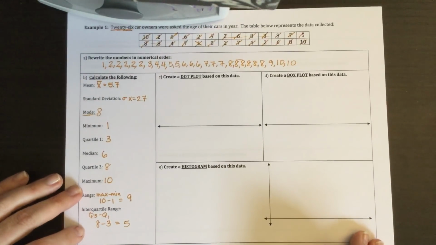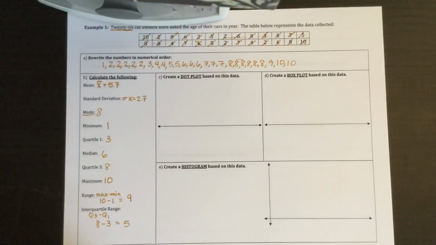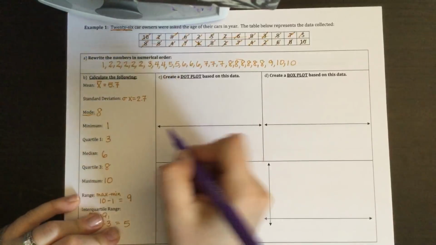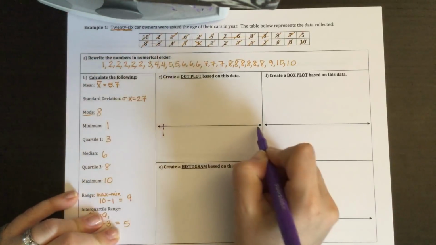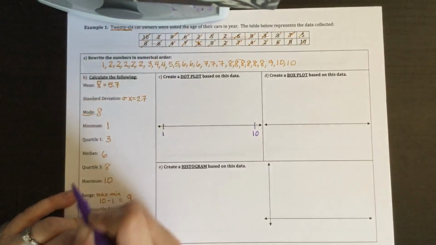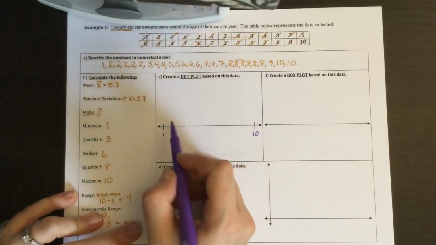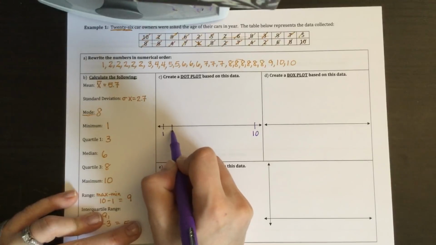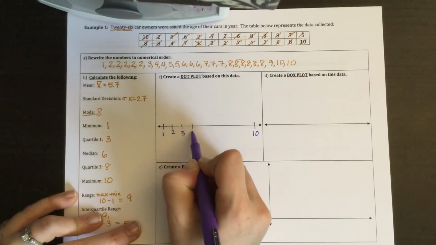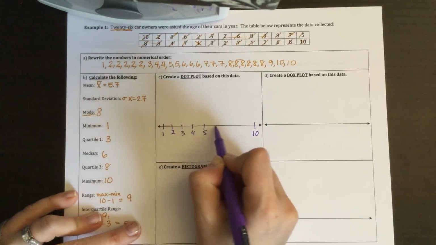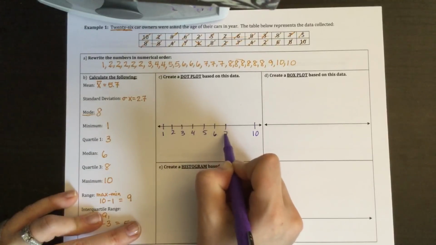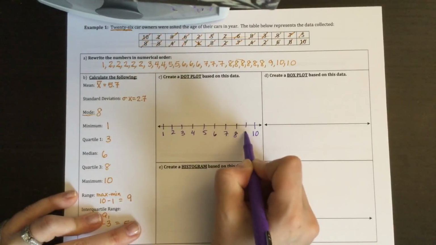All right, so now we're ready to make our different things. Okay, so first off is a dot plot. And we want to go from our minimum, which is 1, all the way to our maximum, which is 10. Okay, and now we've got every single number listed here, so I'm going to make a mark for each one. So there's 2, 3, 4, 5, 6, 7, 8, and 9.